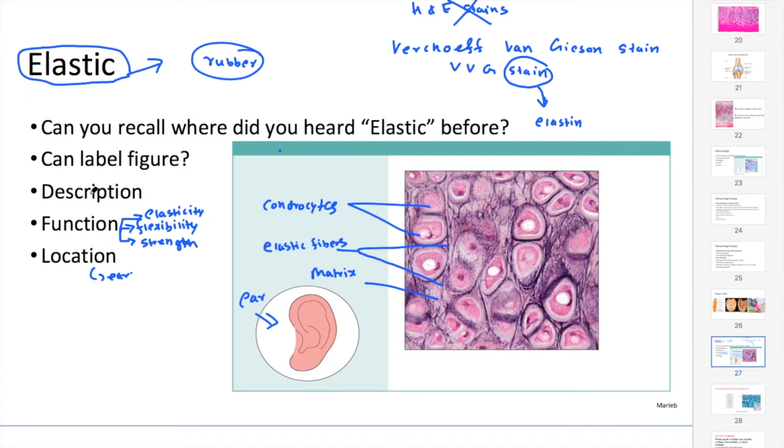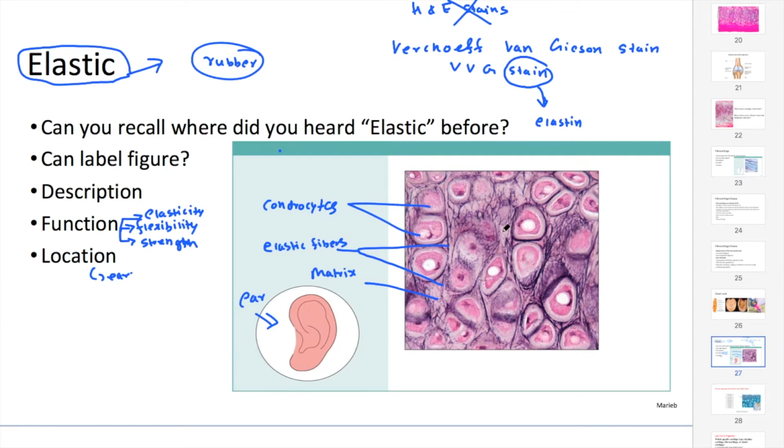Okay, so description: when you see this purplish type of thing with these fibers, and densely packed chondrocytes, you have to think about elastic cartilage. And remember that fibroblasts occupy only a few spaces between fibers, but we actually cannot see fibroblasts here, right?